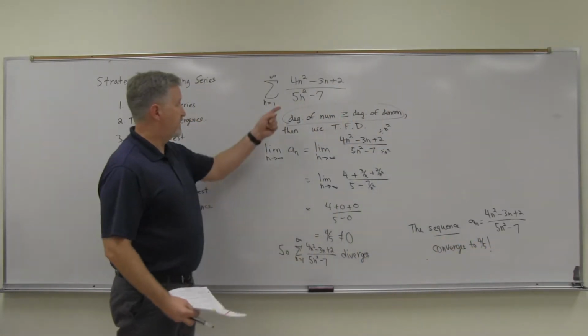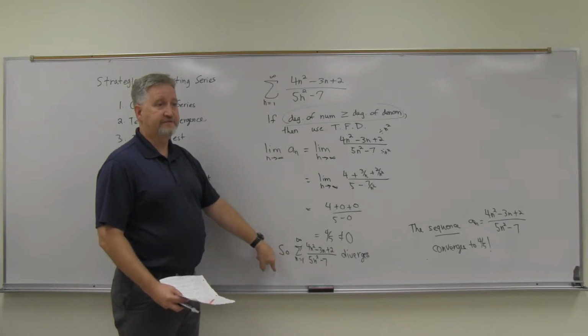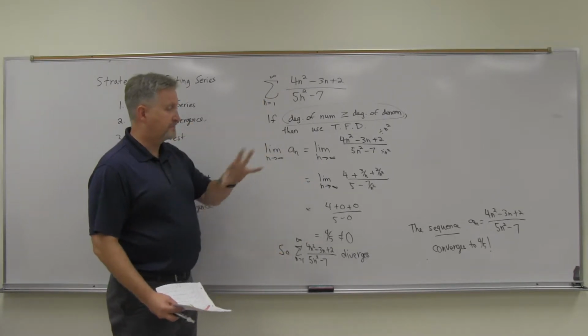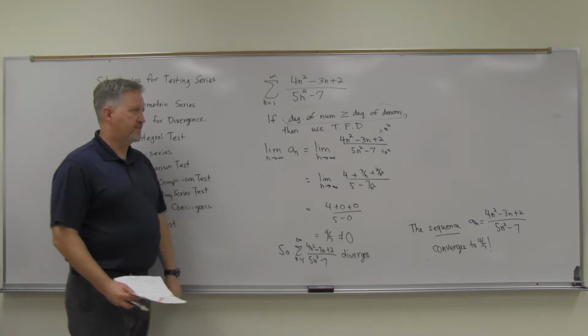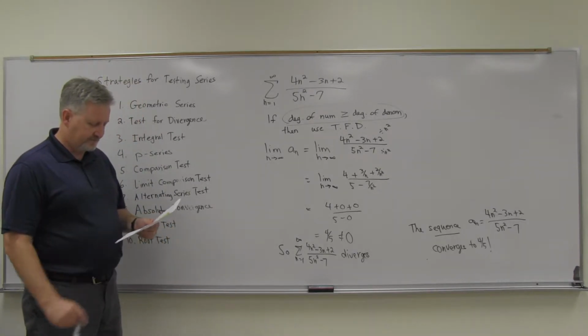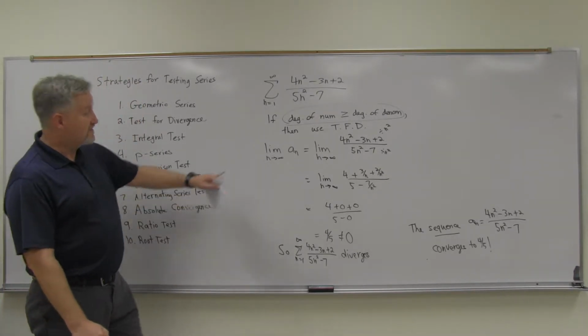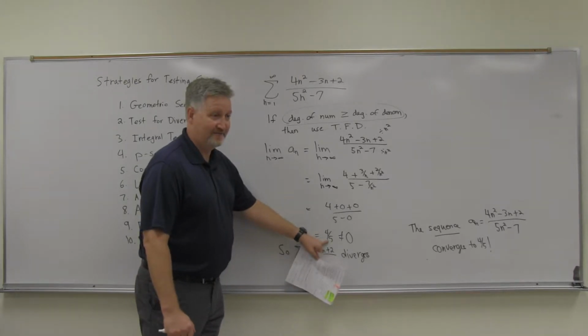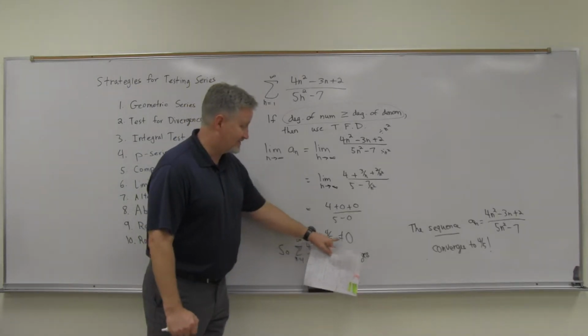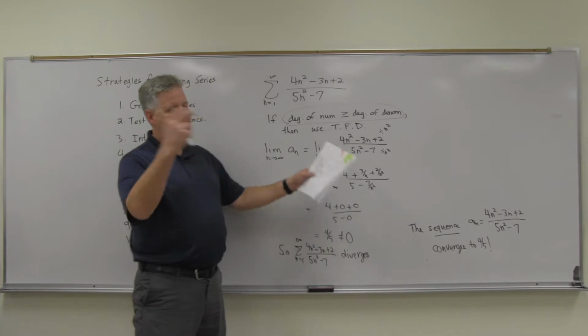So it's just when you put it in the context of a series that it diverges, you see. So again, you've got to keep the terminology straightened out, because the sequence converges to 4/5. But since it converges to something that's not 0, the series diverges.